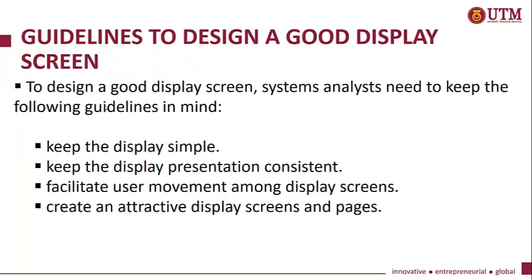Also, to design a good display design, the system analyst needs to keep the following guidelines in mind. For example, keep the display as simple as possible. Keep the display presentation consistent. Facilitate user movement among display screens, and create attractive display screens and pages.